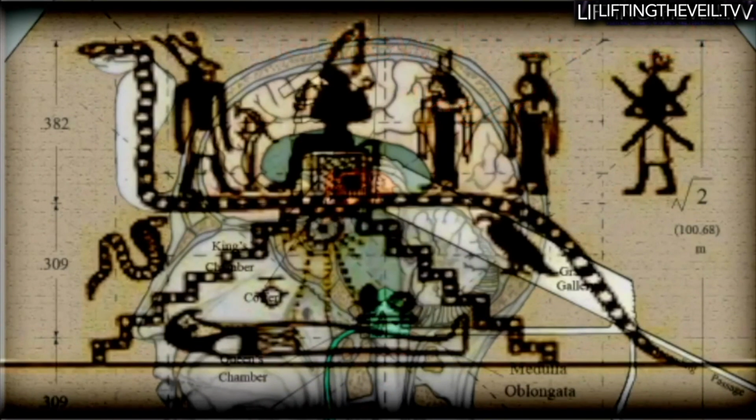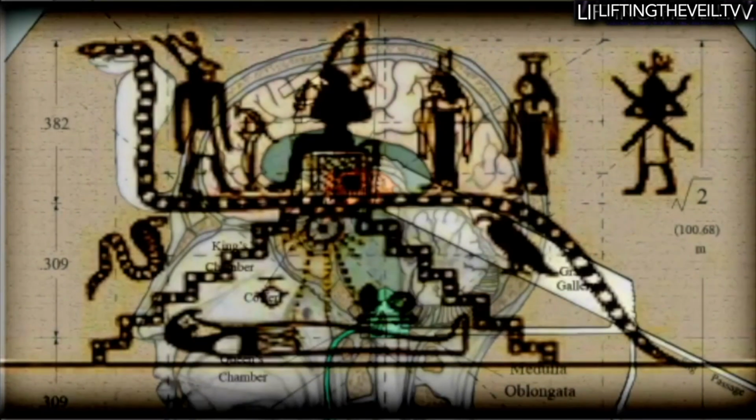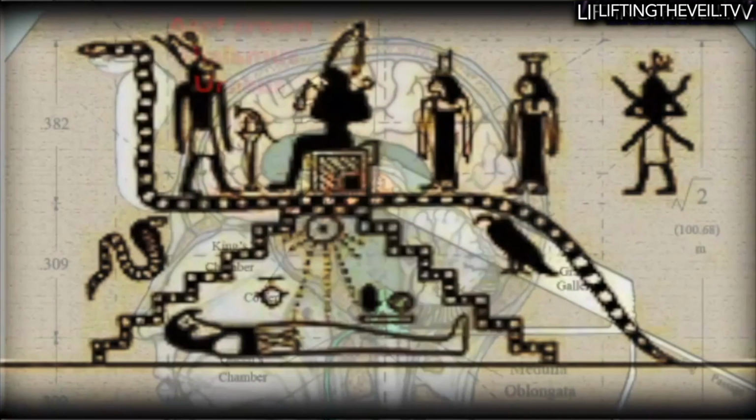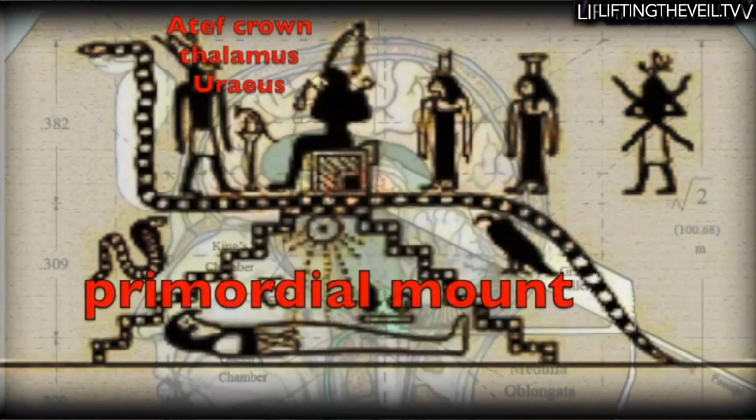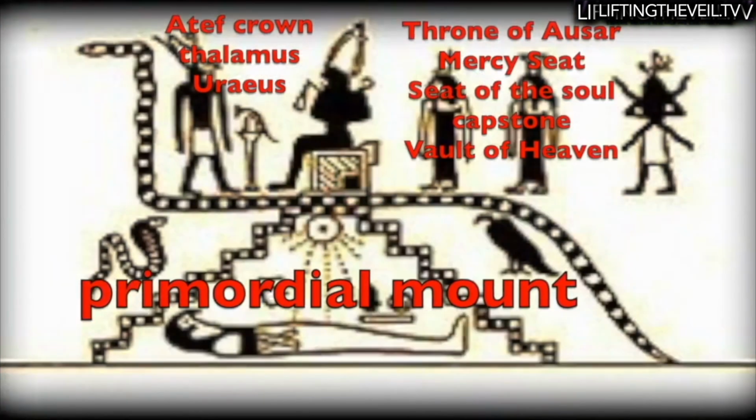the divide between the lower base of the pyramid, or in other words, the Jed pillar, the spine, the cosmic pillar, the world cosmic axis, and this is why the serpent divides between the spine, and Osiris sits upon the throne. He sits upon the mercy seat with the Atef crown above, which is the thalamus.